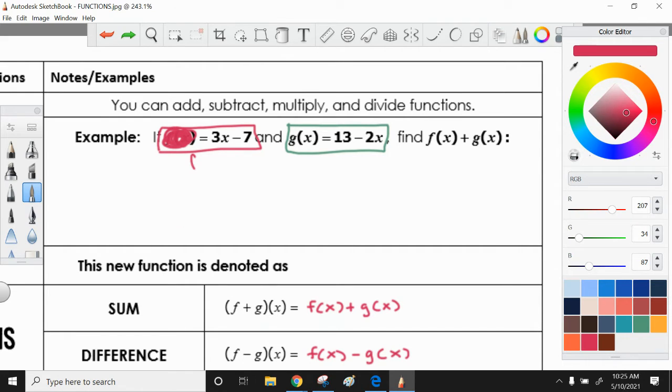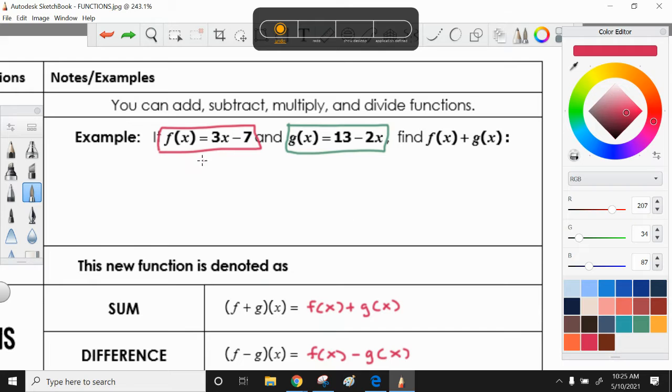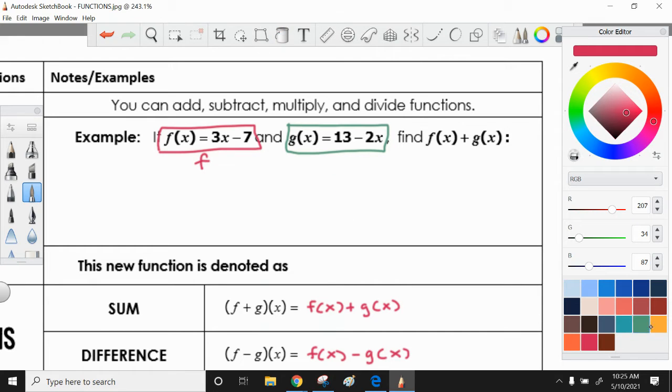That's all it means. The x doesn't mean anything. Don't overcomplicate it. We got code name f, we got code name g, and we just need to do f plus g. So it is literally this easy. You write your f, you write your g, you add them up. That's it. That's the whole question.